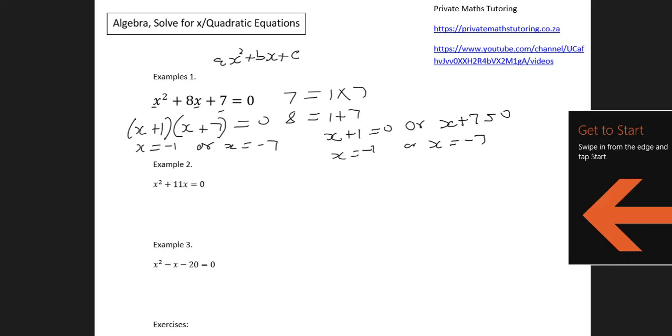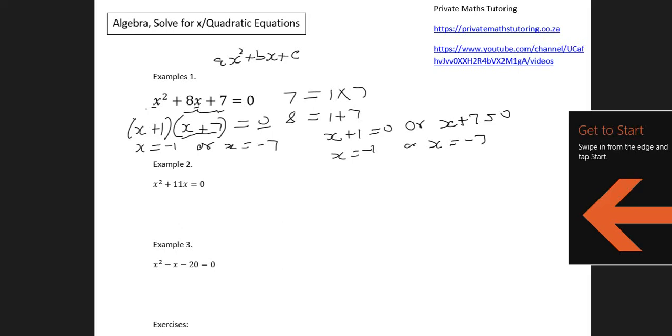But if you're looking at it, for this to be true, either this part here is equal to 0, because if this part is equal to 0, then you multiply that with that part here, obviously you're getting 0. So either one of them must be 0 for this to be true. Let's look at our second example.